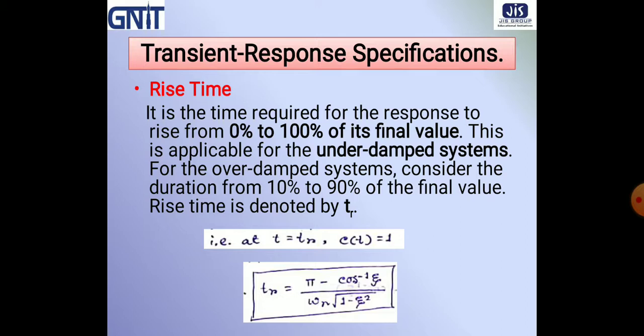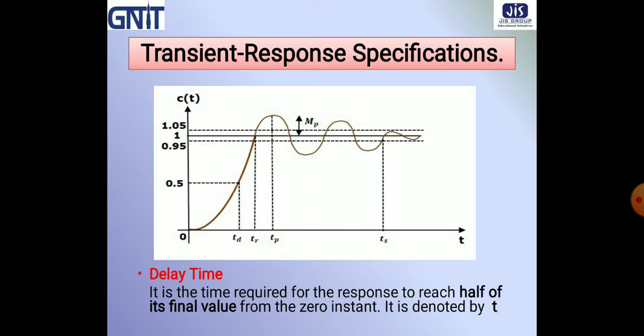Now what is rise time? It is the time required for the response to rise from 0 to 100% of its final value. So rise time means Tr, 0 to 100%. The time required to reach from 0 to 100% is termed as rise time, Tr.